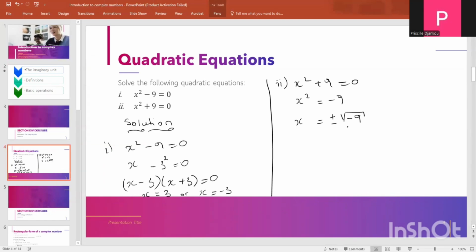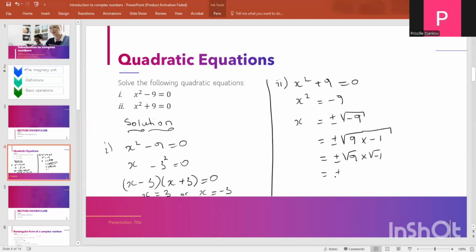Now, this is where complex numbers come into the picture, because with complex numbers, we can rewrite the solution as plus and minus the square root of 9 times minus 1, which gives plus and minus the square root of 9 times the square root of minus 1.